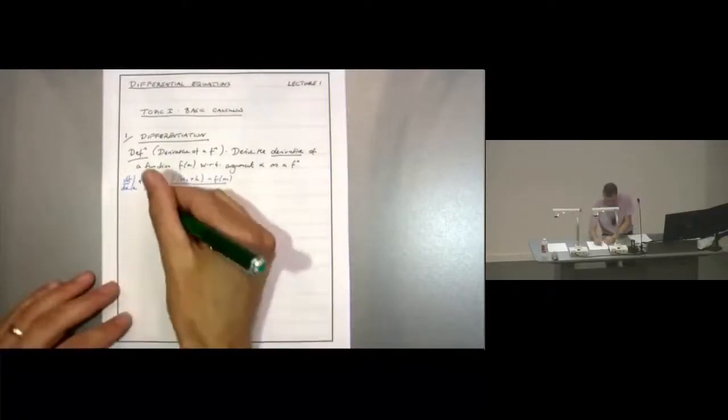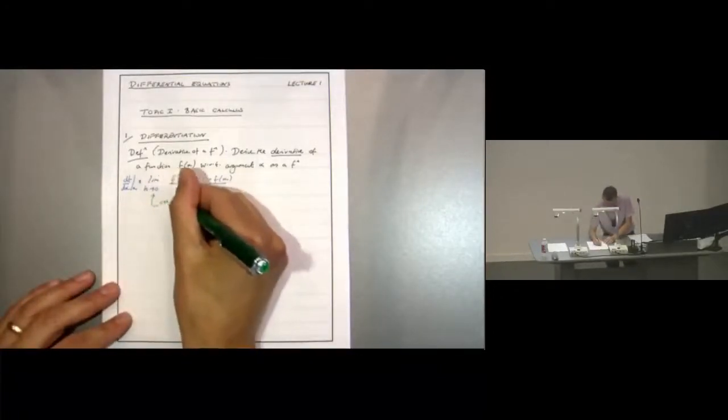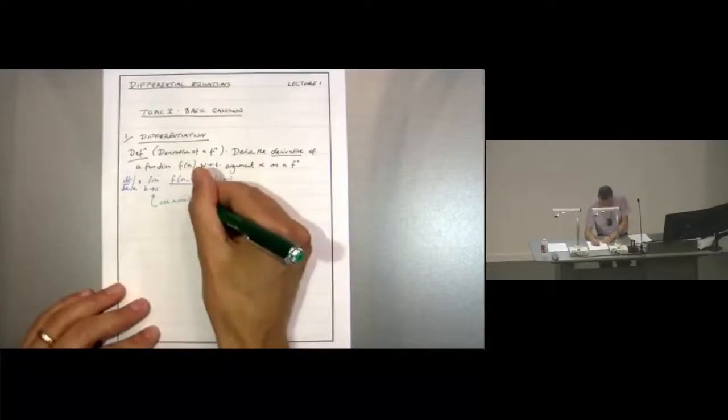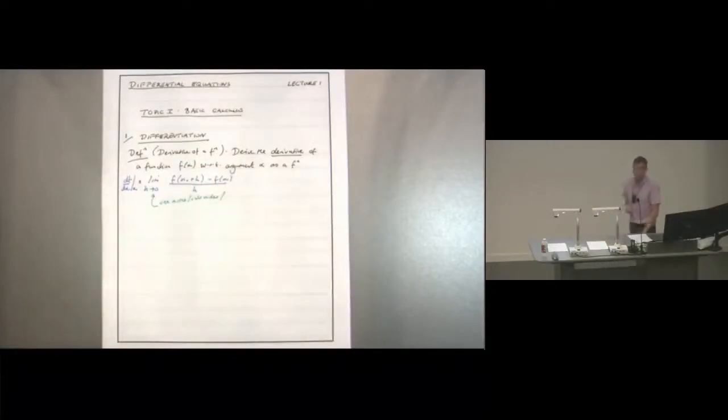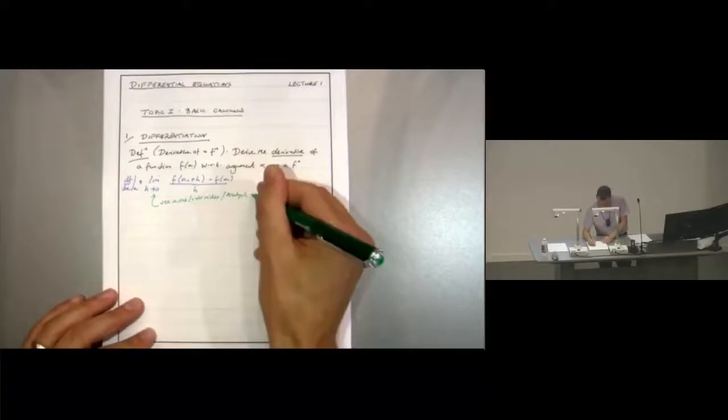But if you want some more background material on limits, either see the printed lecture notes, see the intro video, or if you can wait and you really want the details in all their gory, see Analysis 1 next term. Sorry, could you write bigger, please? I can try, yeah, sorry.